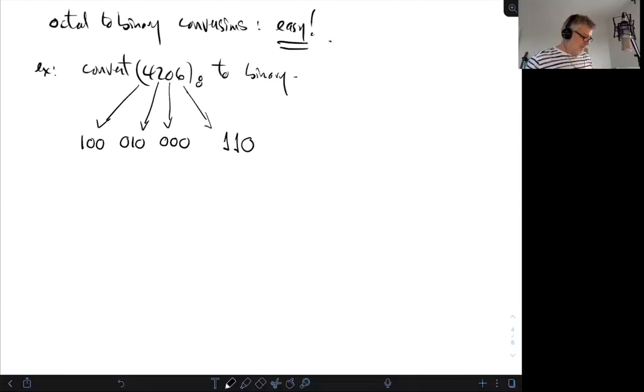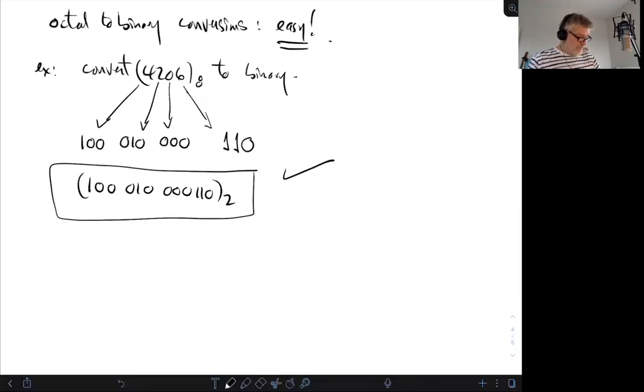Great. Thanks. Okay. So I'm converting each octal digit to 3 bits. And so what is the resulting binary number? It is 100,010,000,110. So this is our answer. That's it. That's as simple as that.